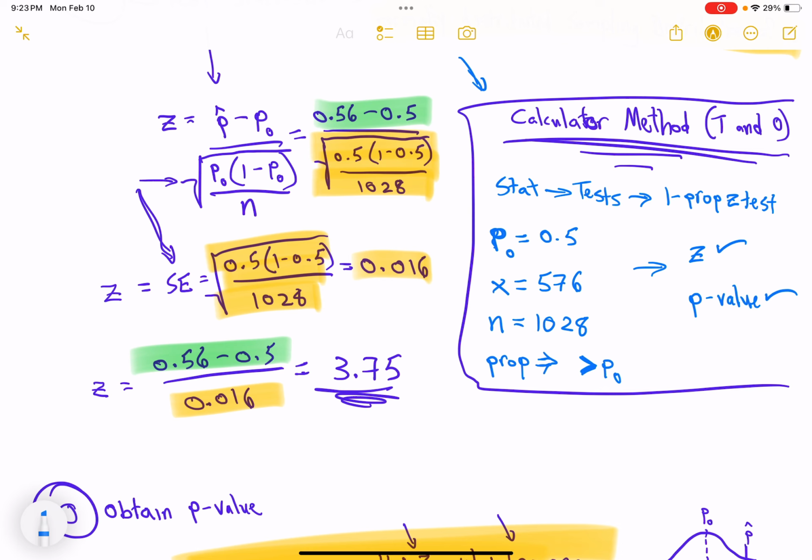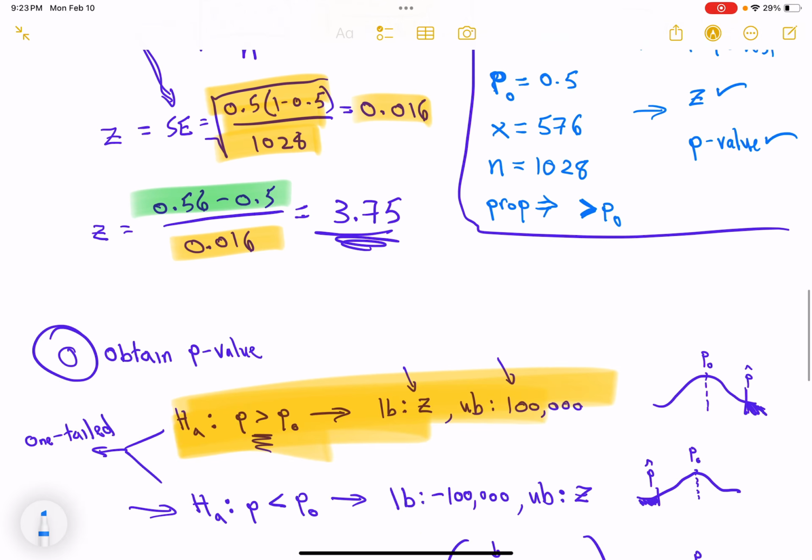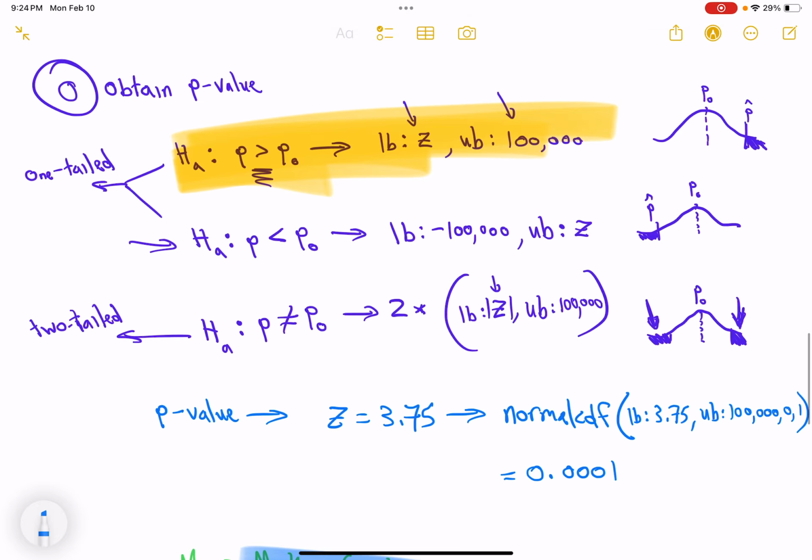I found my standard error to be 0.016. I use that as the denominator. I then do 0.56, which is the p-hat that I got from the sample, and then I subtract the null proportion of 0.5 from that. I then divide by the standard error, and I yield about 3.75 as my test statistic. You might have gotten slightly higher or lower. Just show your work. We then went through and figured out how to obtain a p-value from that.